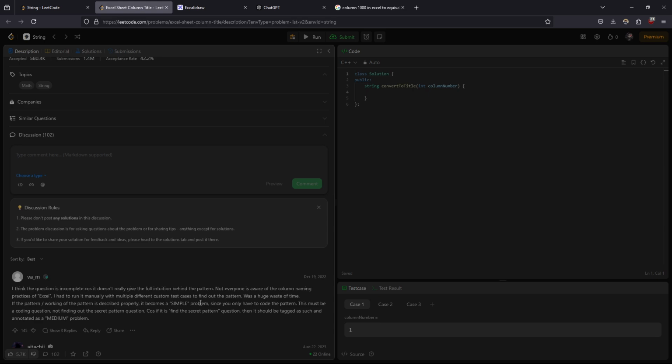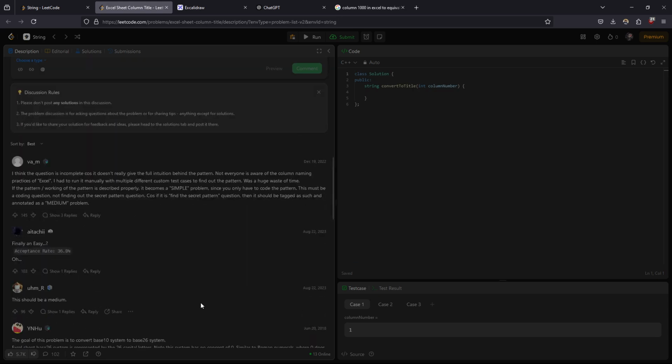If the pattern is described properly, it becomes a simple problem. Since you only have to code the pattern, this must be a coding question, not a find-the-secret-pattern question. Because if it is a find-the-secret-pattern question, why should it be a medium problem?